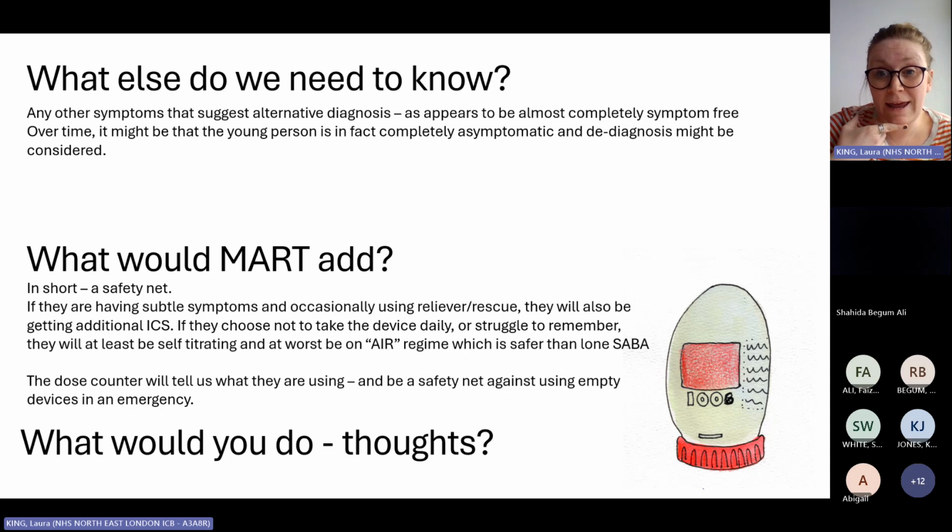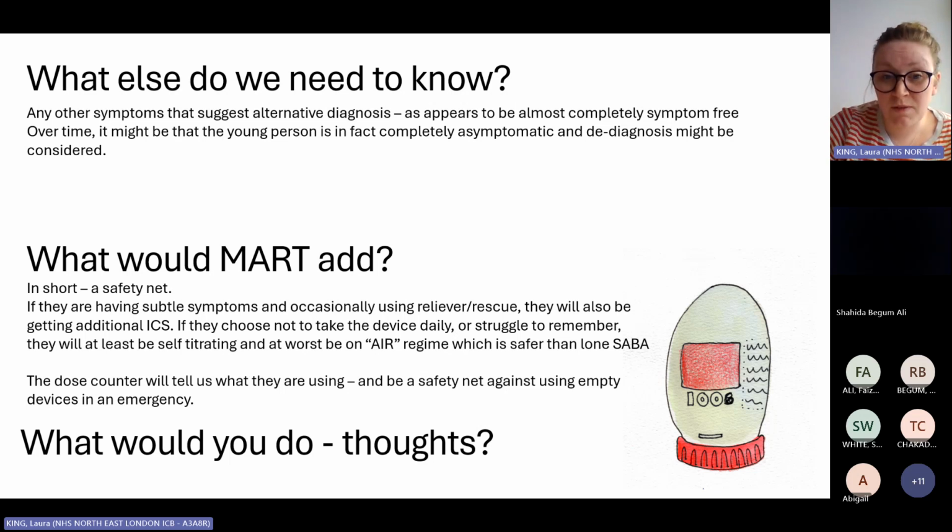We actually ended up putting them on AIR therapy. So we went round in circles in the clinical discussion, and we said, at worst they're on AIR even if we put them on MART, because she's not taking her preventer. The dose counter will tell her if she needs to get a new device, which isn't really a worry because she's not using it at all.